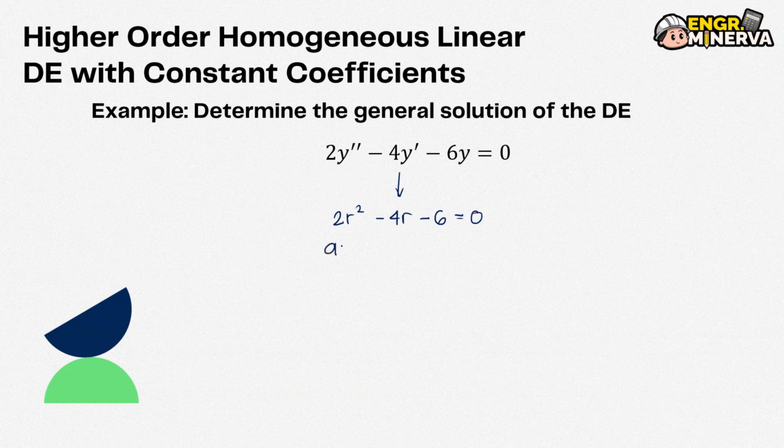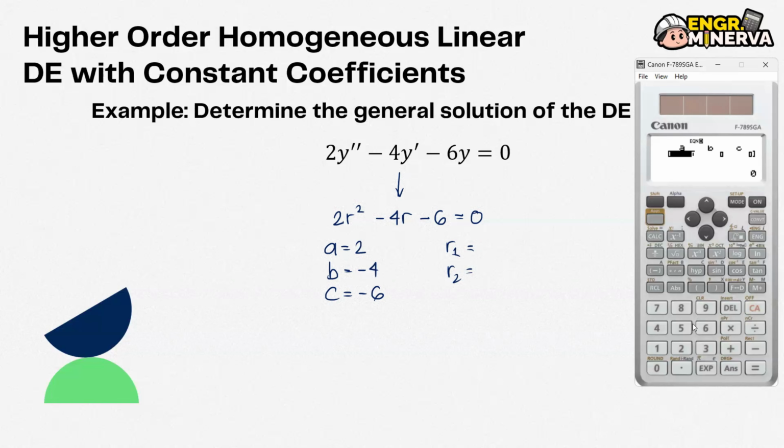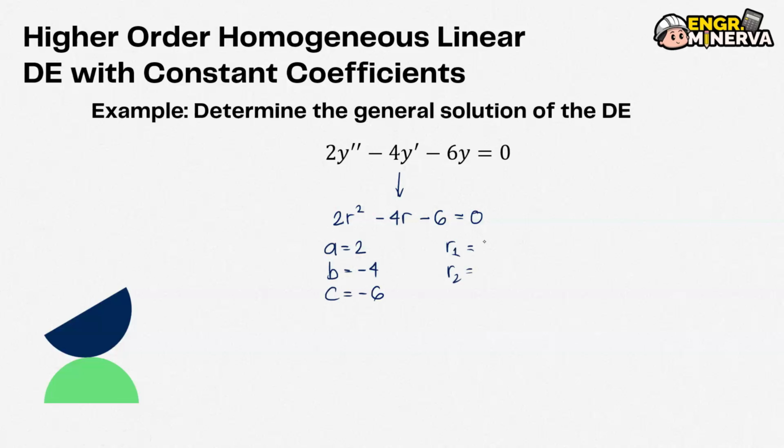The value of A is 2, the value of B is negative 4, and the value of C is negative 6. So what would be the values of the 2 roots? Input your A, that is 2, negative 4, and negative 6. The values of the 2 roots are 3 and negative 1.